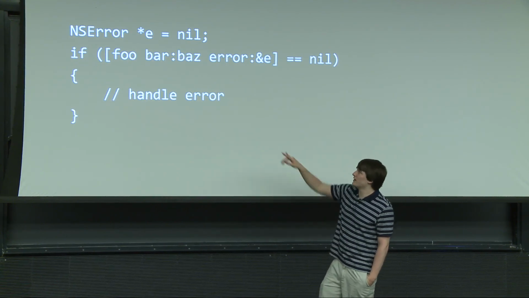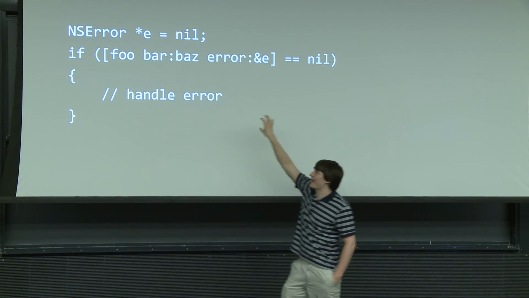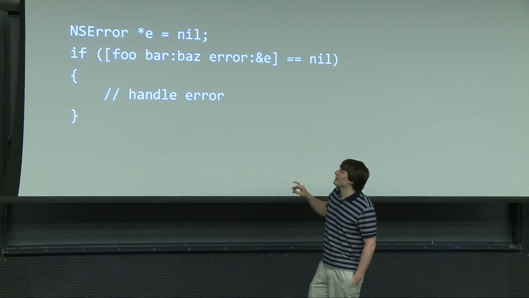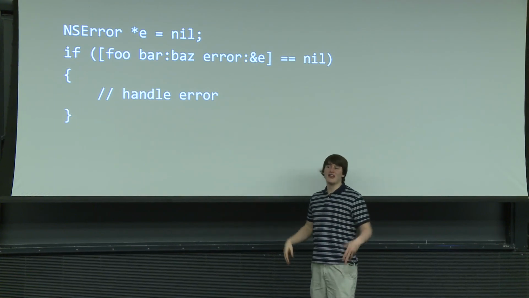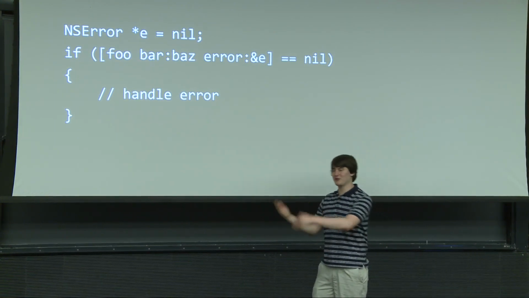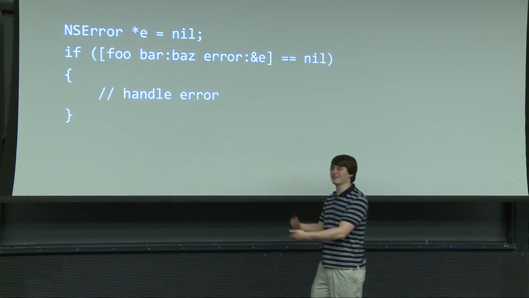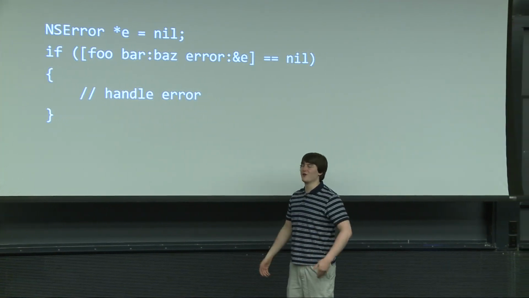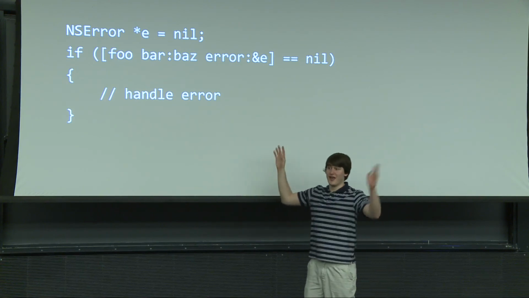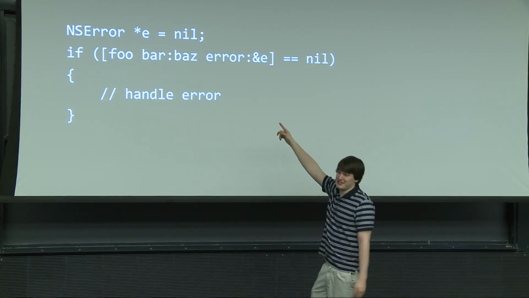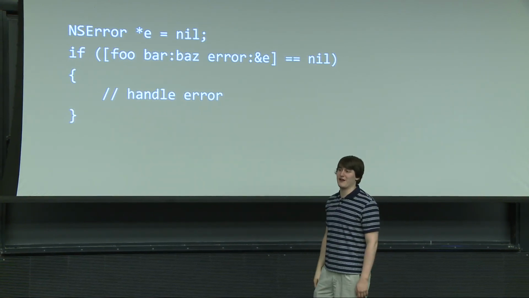The method is bar colon error colon. When you read the documentation, it'll say that if something goes wrong, nil will be returned and error will be set to some NS error. It's also possible that it will return void, and then it's up to you just to see if E is still nil, and that's the way you know there was an error.